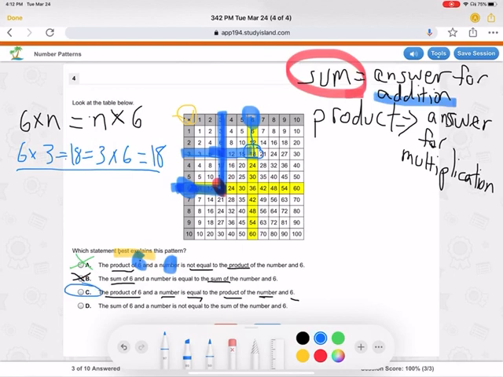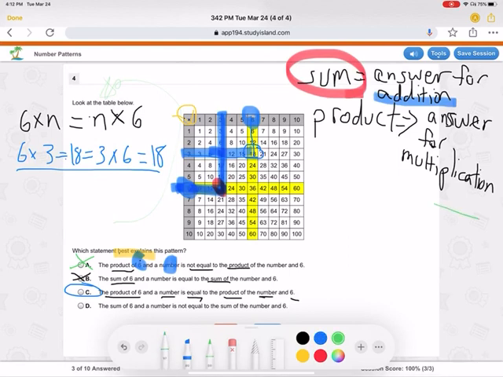So in other words, the trick to these problems is remember the words. Remember your words like sum and product. And then if you have to, make your little formulas like I did. That helped out a lot, I think, for me. Making formulas was very helpful. So I'm going to write it down again for you.